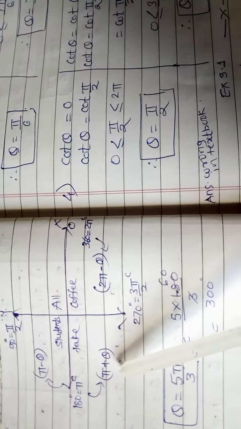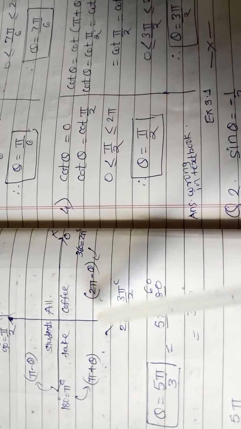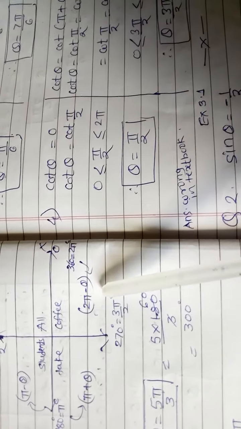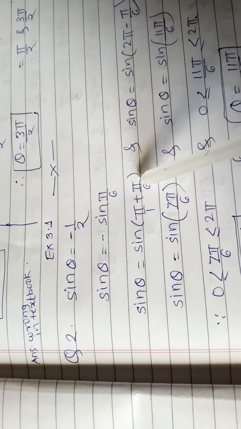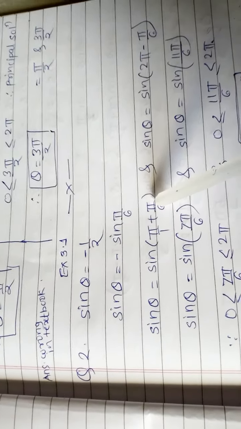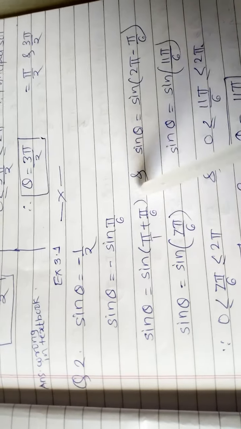In the third quadrant it is pi plus theta, and in the fourth quadrant it is 2 pi minus theta. So we take sin theta equals sin of pi plus theta. Instead of writing theta, we write pi by 6. Now it becomes the positive value.